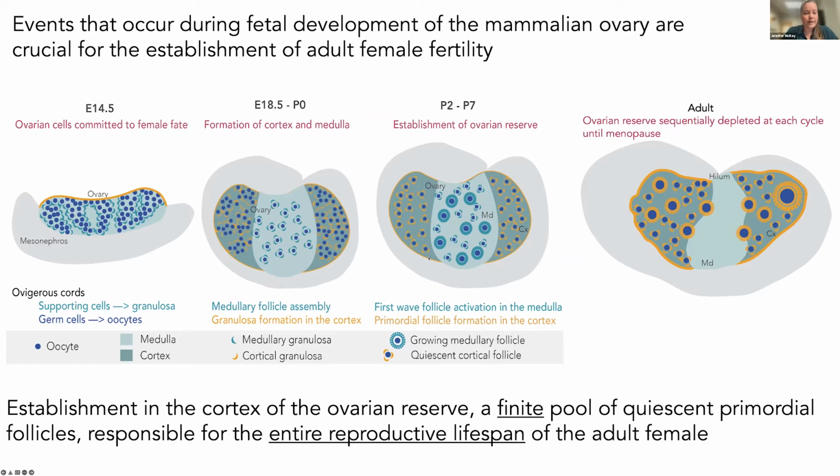But these will remain quiescent throughout juvenile development and will only begin to activate after puberty in a cyclic fashion. This pool of cortical follicles is never replenished, and so it is responsible for the entire reproductive lifespan of the adult female in mammals, at least.